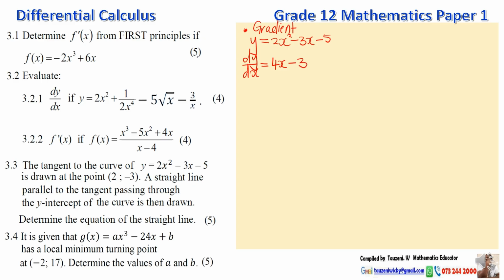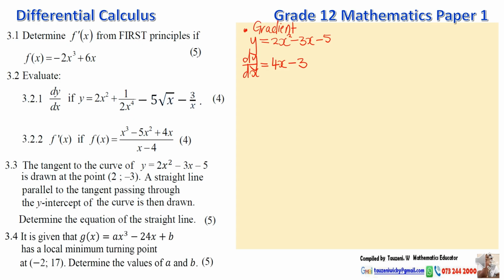So the idea to keep in mind is that the gradient of the tangent and the gradient of the curve, they are equal at the point of contact. The gradient of the tangent and the gradient of the curve, they are equal at the point of contact.